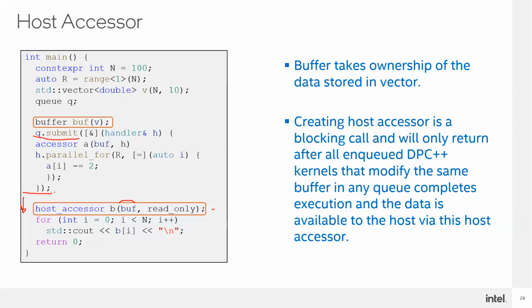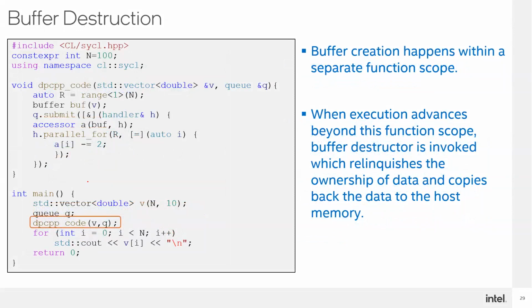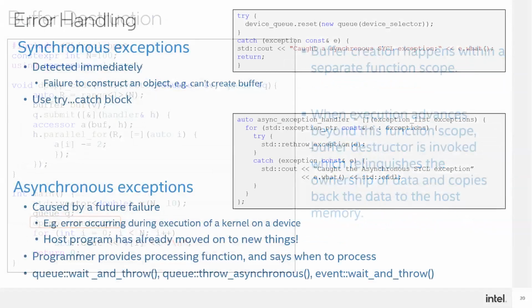As I said, the other alternative is to avoid the host accessor and invoke a wait method here, which will also block. Buffer destruction, we already talked about it.